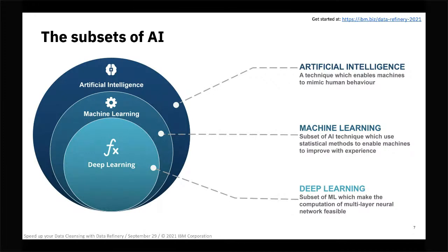Now, this is the hierarchy where AI is the technique to make machines intelligent, and a level after that is machine learning, where we use statistical methods and algorithms to solve problems and make predictions. And then we have deep learning, which uses neural networks to classify images and does speech recognition and so on.